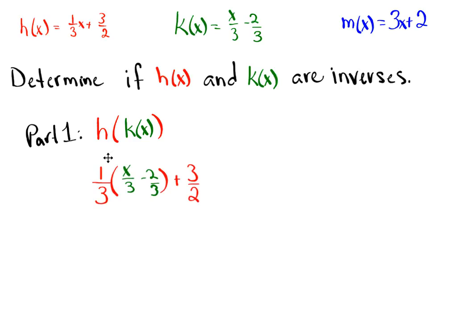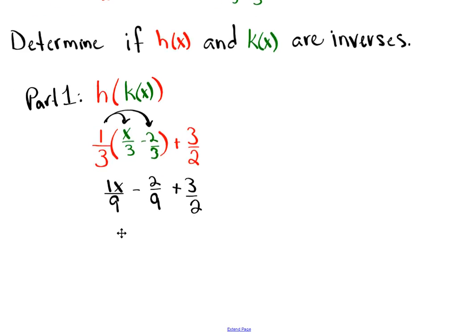So the first thing I'm going to do is I'm going to write my function composition. I am going to perform my distributive property, and when I multiply 1/3 times x over 3, I get 1x over 9, and then 1/3 times 2/3 is 2 over 9, and then I bring down the 3 over 2. Then I'm going to combine like terms, and using my calculator, I get that 2 over 9 plus 3 over 2 is 23 over 18.